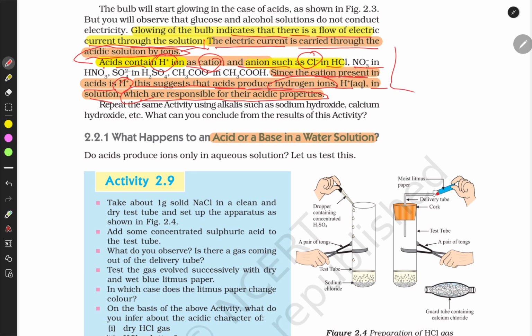If electric current is conducted in a solution, it is because the current is carried by ions. And this also shows that acid contains H plus ions. So acids have hydrogen atoms and H plus ions, and on the other hand bases have OH.